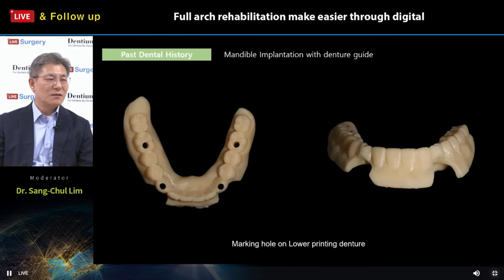Okay, and when you get this 3D printed denture, it works as a surgical stand, making a hole like this one, and when we have surgery, this 3D printed denture is used as a surgical stand.